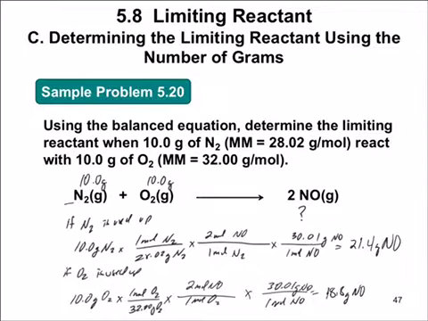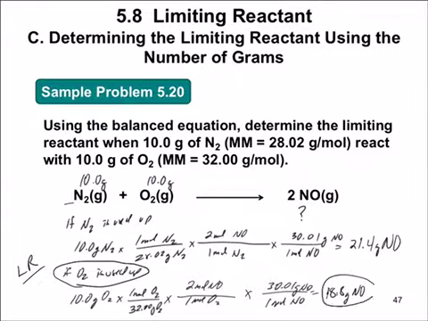And ta-da, magically I have my answers. And we see that the nitrogen would give us 21.4 grams of nitrogen monoxide, but oxygen would only give us the 18.8 grams of nitrogen monoxide, which means oxygen is used up. This is my limiting reactant.